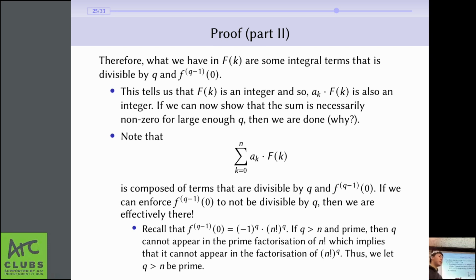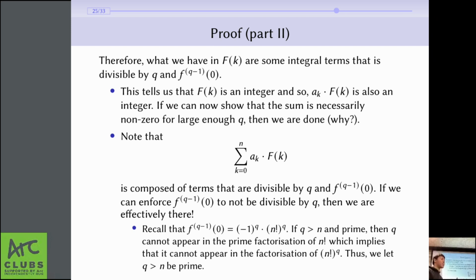Because if it did, then it must have appeared in some term preceding n, but we know that q is prime and q is greater than n, so it can't appear in any of the integers smaller than n. So if we just say, let q be prime and greater than n, then we know that q can't appear in the prime factorization of the q minus 1 derivative of f evaluated at 0. Because we only care about what happens when q is large enough, we're just going to set q to be prime and greater than n.